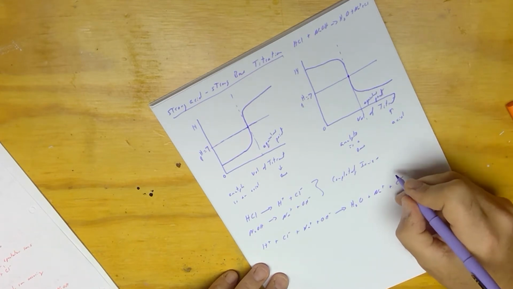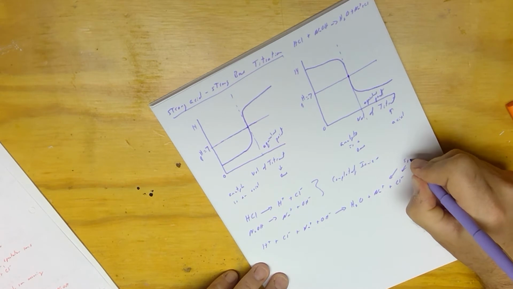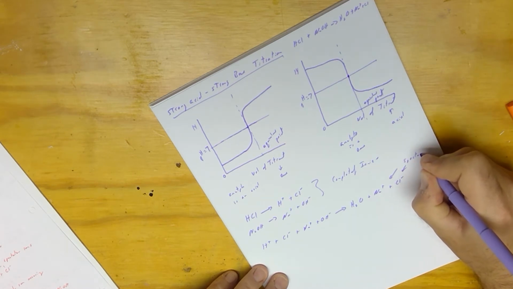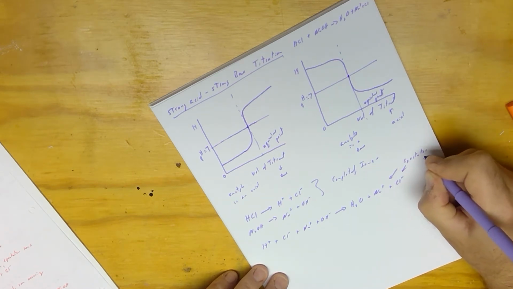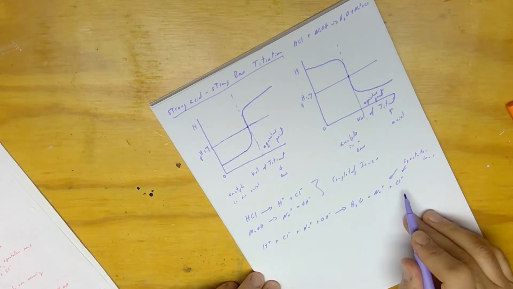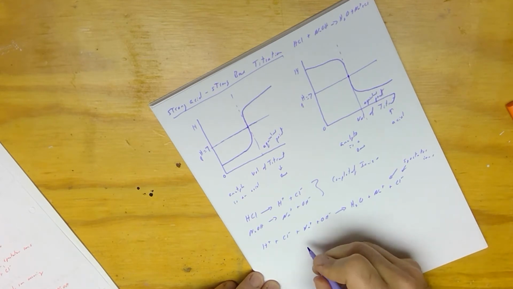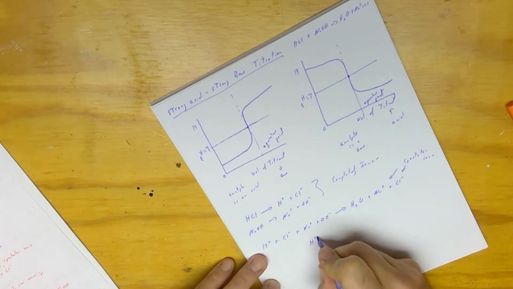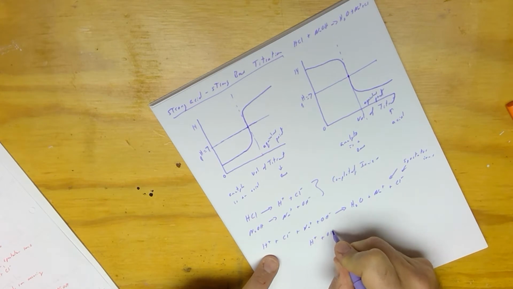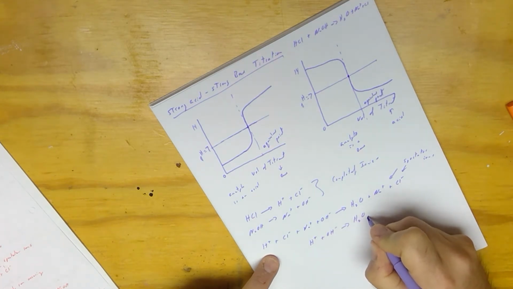Okay. Anyone remember what those are called? These are spectator ions. So really, what's the reaction that's happening here? Well, H plus OH minus is turning into H2O liquid.